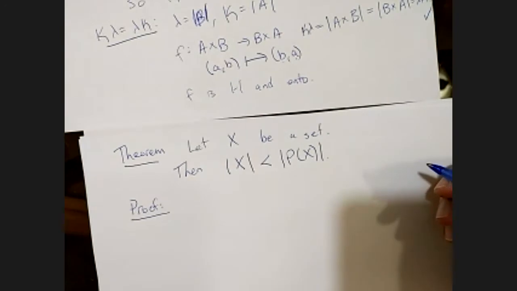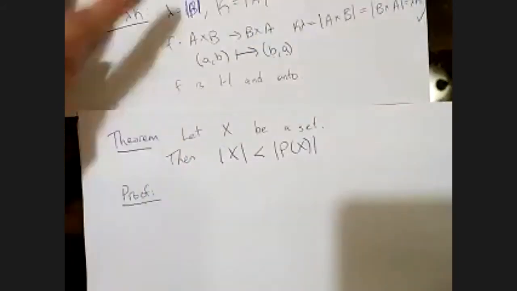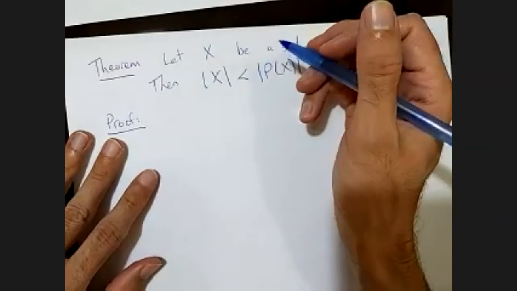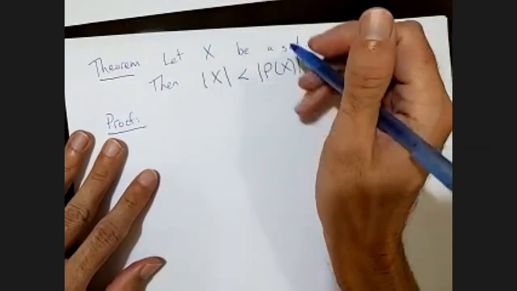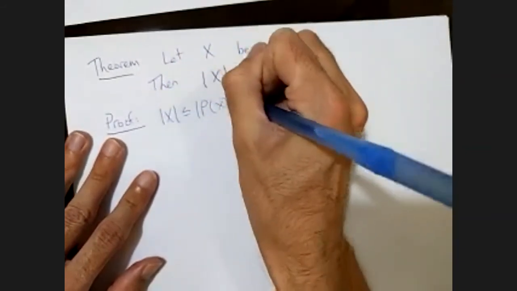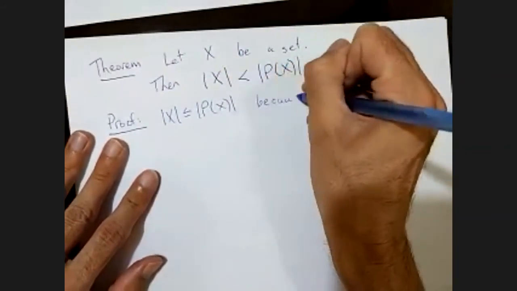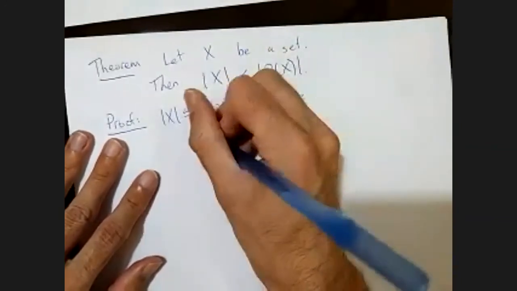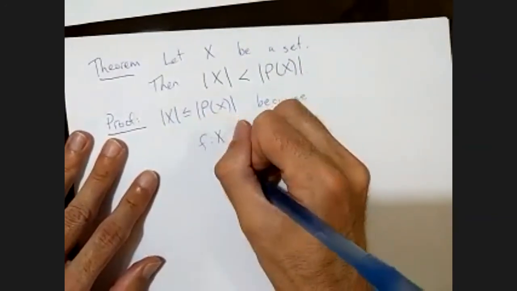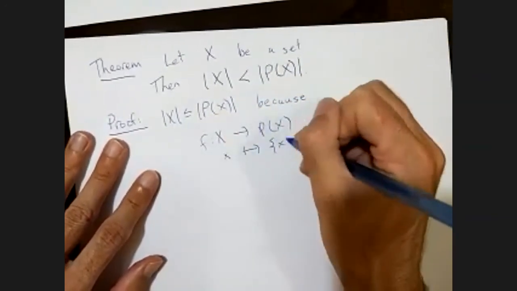The idea for this theorem is just to do the same thing that we did for the real numbers. Basically, we go by contradiction. Obviously, it's clear that the cardinality of X is less than or equal to the cardinality of the power set of X, because we can define f from X to the power set of X by the rule: send an element of X to its singleton.